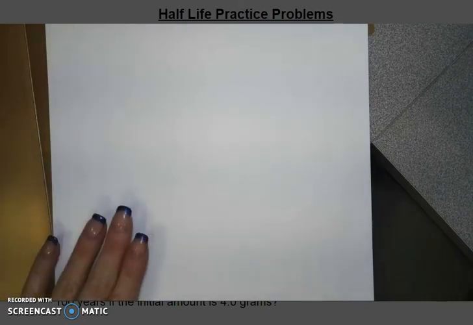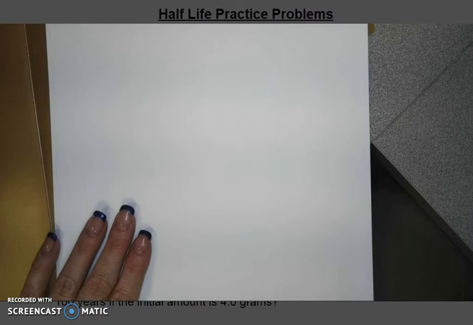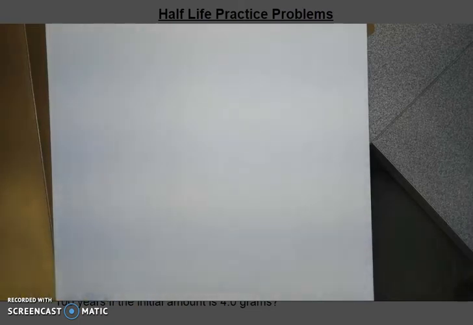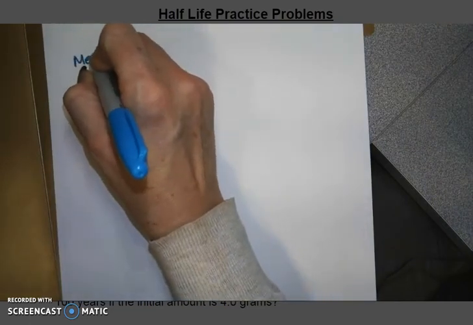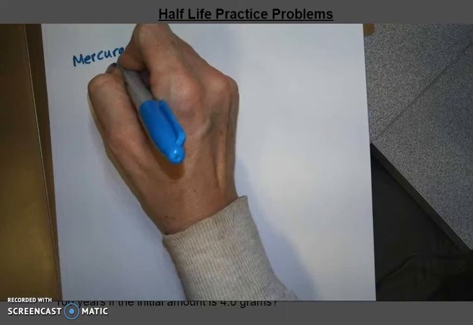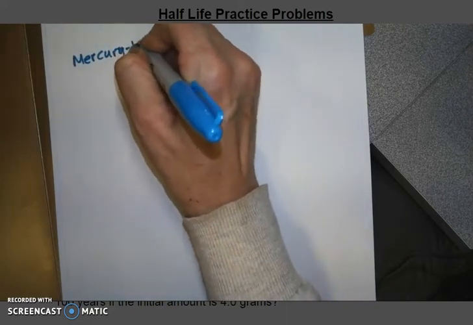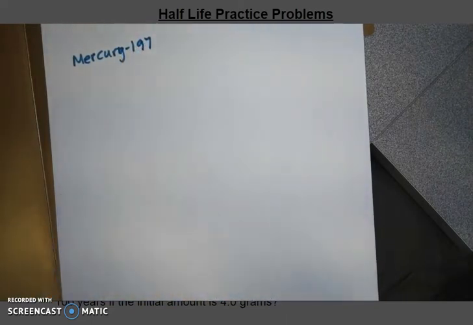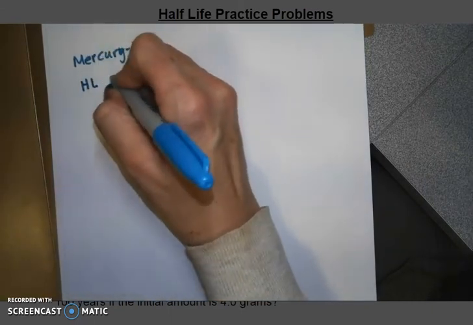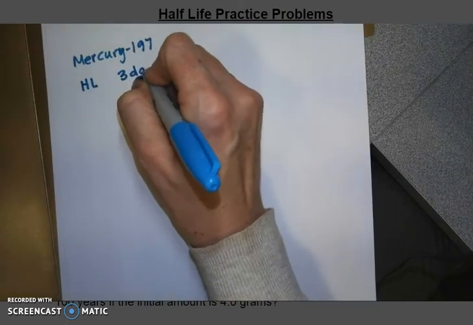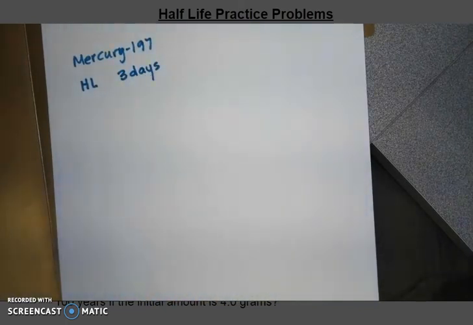So let's look at an example. One example here. So I have an example that says mercury 197 is used for kidney scans and has a half-life of 3 days. That's the half-life.